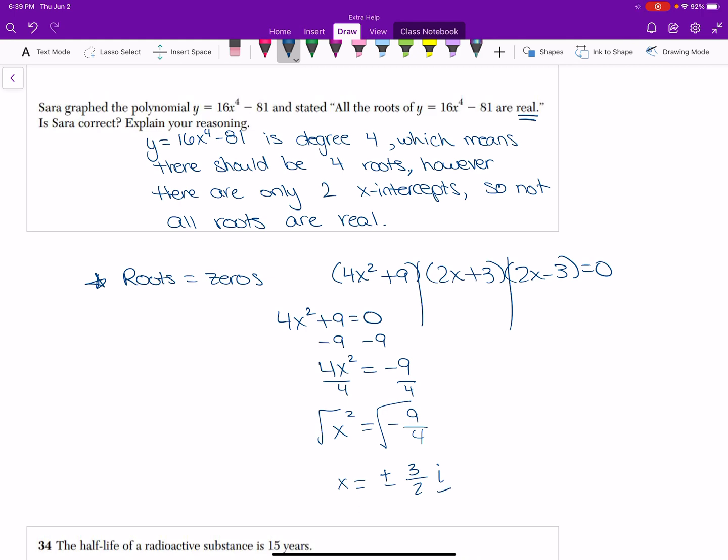So right there, it goes to show that they are not all real. So 2 different options for that question. Either one works. You can use the graph, or you can actually use your factors and continue solving.